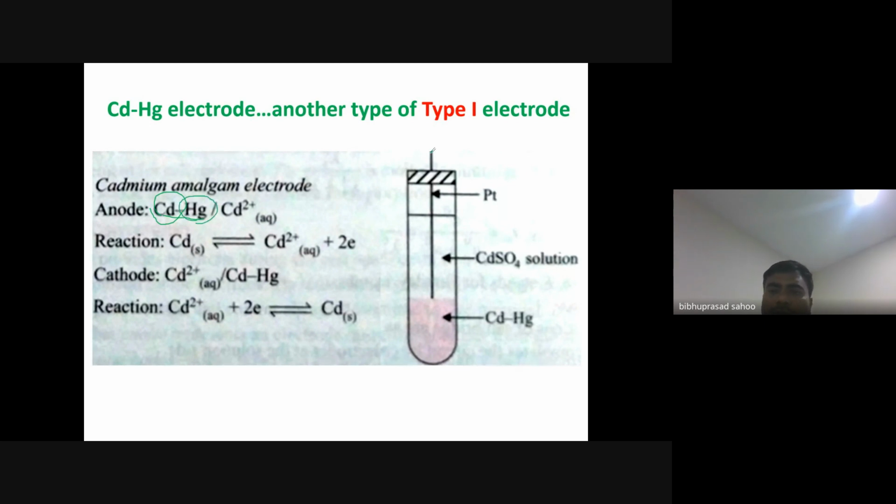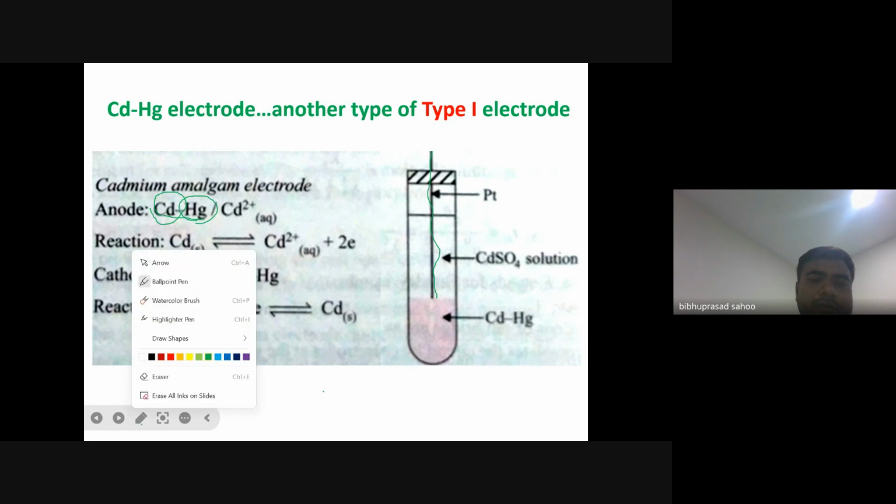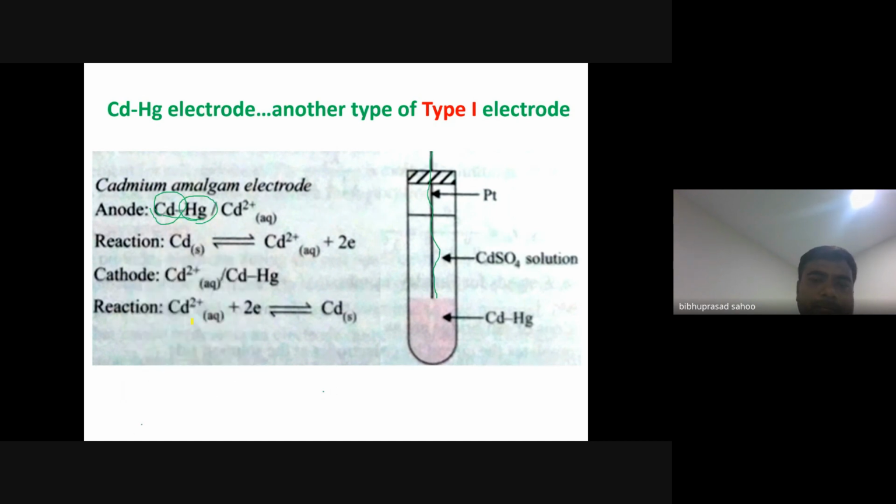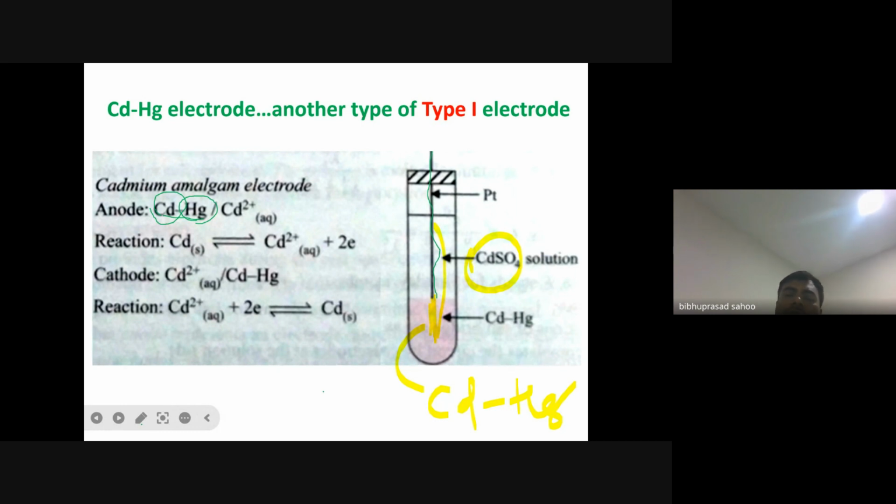From here to here is platinum rod, and from here to here, where is the yellow color, it is cadmium. This is cadmium coated with mercury, and around this it is full of cadmium sulfate. So the solution has Cd2 plus ion.